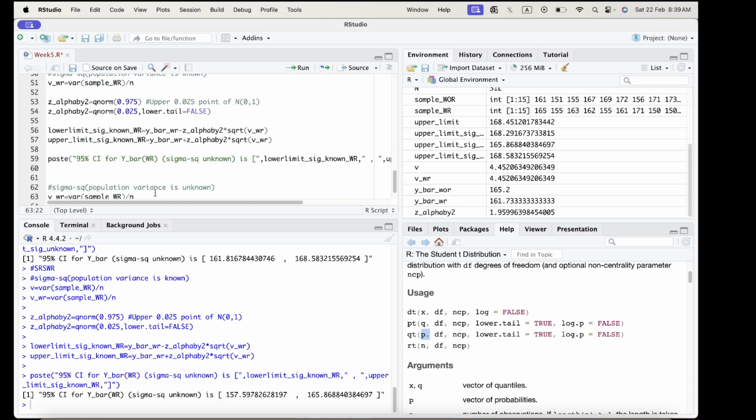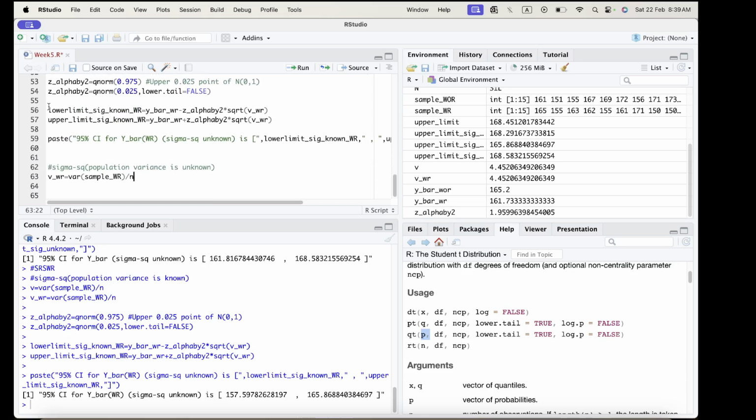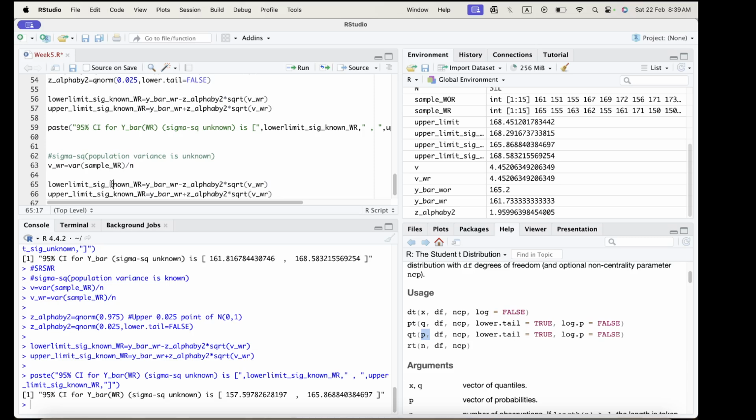VWR remains the same, lower limit and upper limit also remain the same.